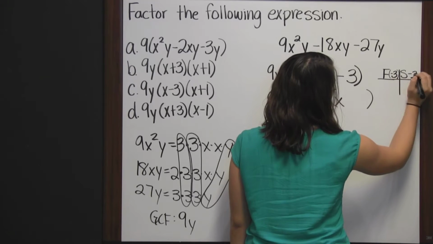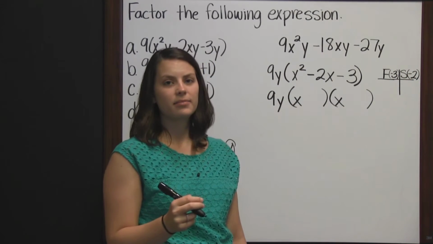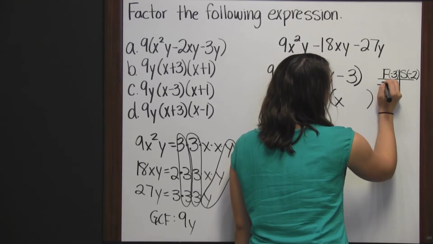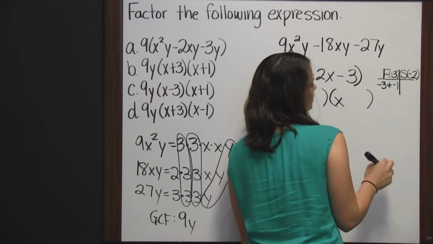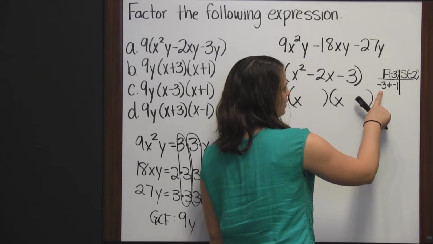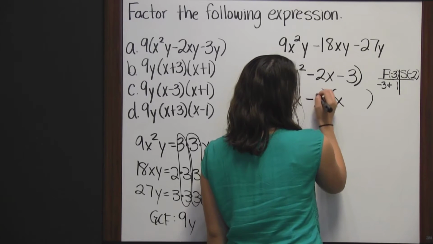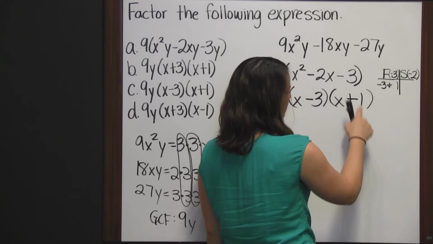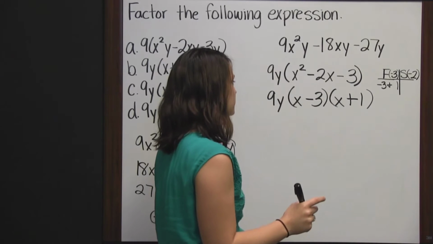The only factors of negative 3 that would have a sum of negative 2 would be negative 3 and positive 1. Negative 3 times 1 is negative 3, and negative 3 plus 1 is negative 2.